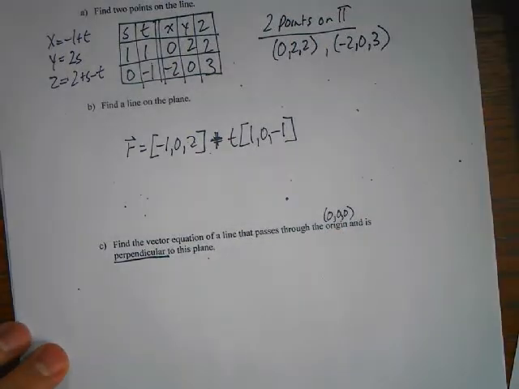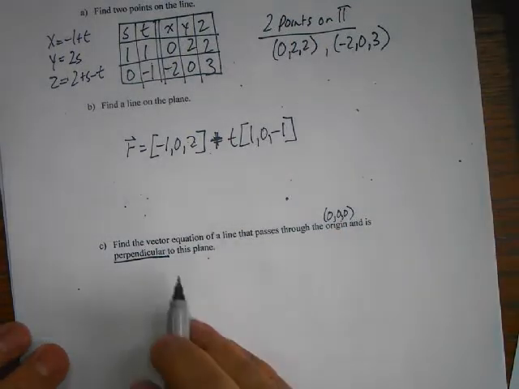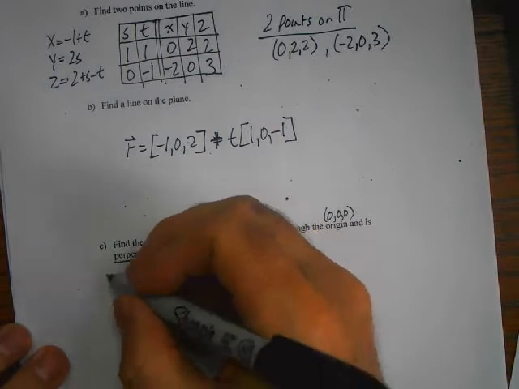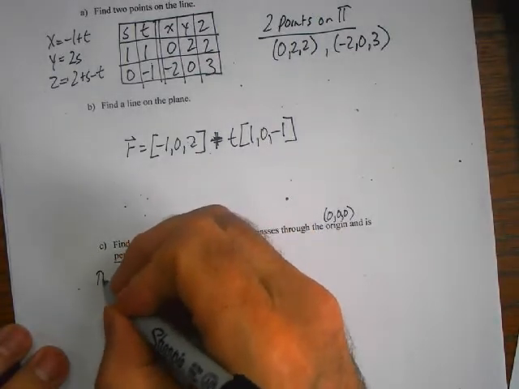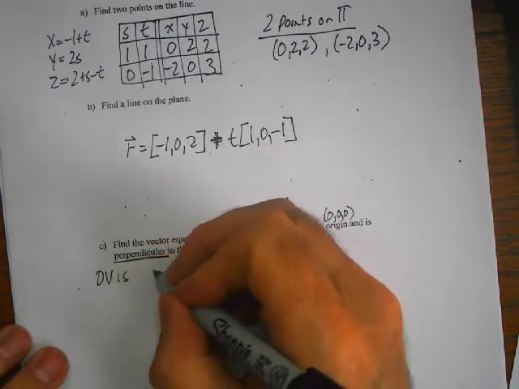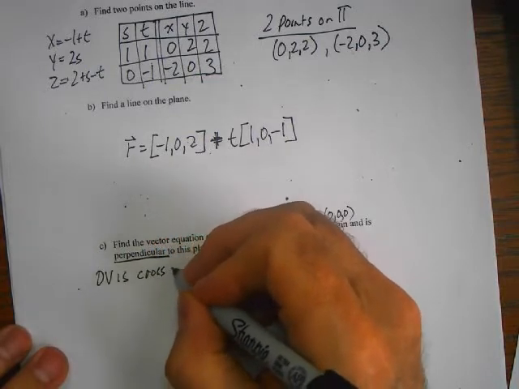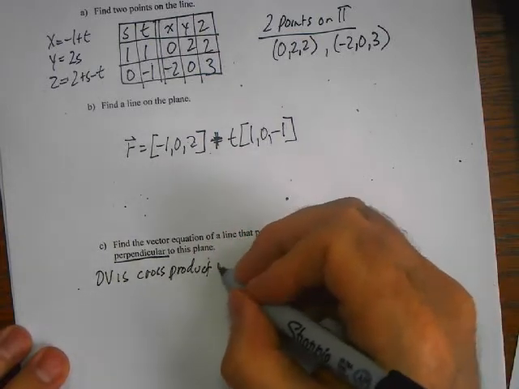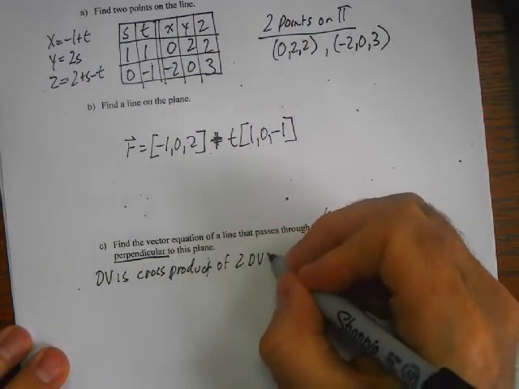So if we want a line that's perpendicular to the plane, what we're going to do is the cross product. The direction vector of the line we're looking for is going to be the cross product of the 2 direction vectors we were given.